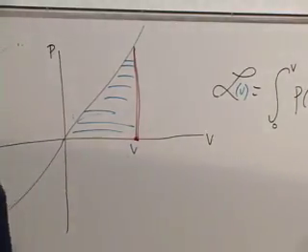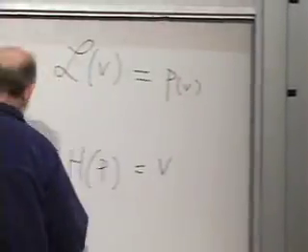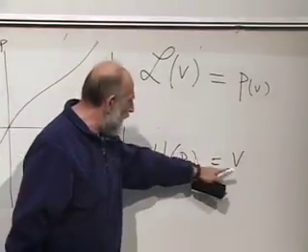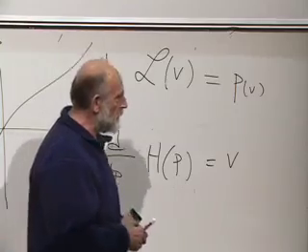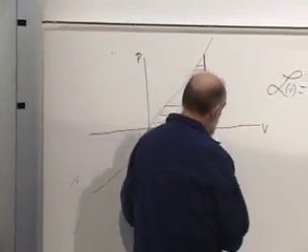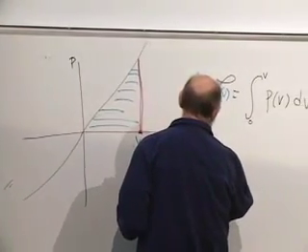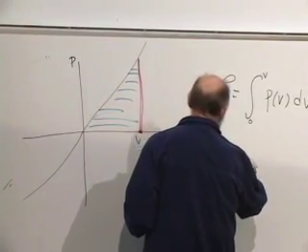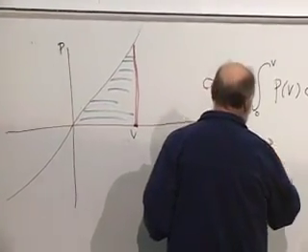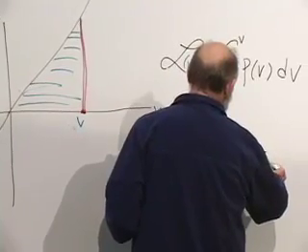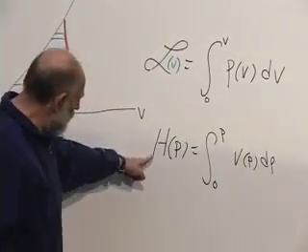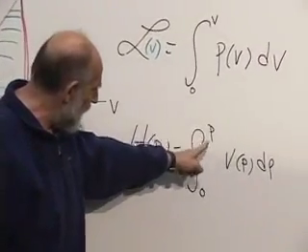Now, what about H? Well, we can do the same thing with H. H must be the integral of v dp, just by symmetry. The other equation is that H of p is the integral, we can again start at 0 and go to p, of v of p dp. Notice that if we differentiate H with respect to p, we just get v.